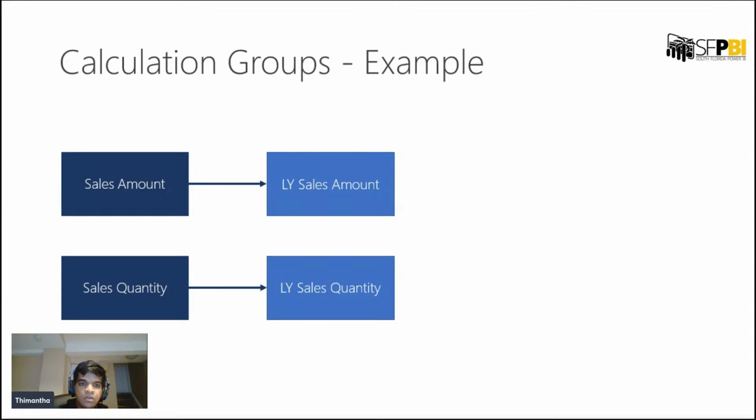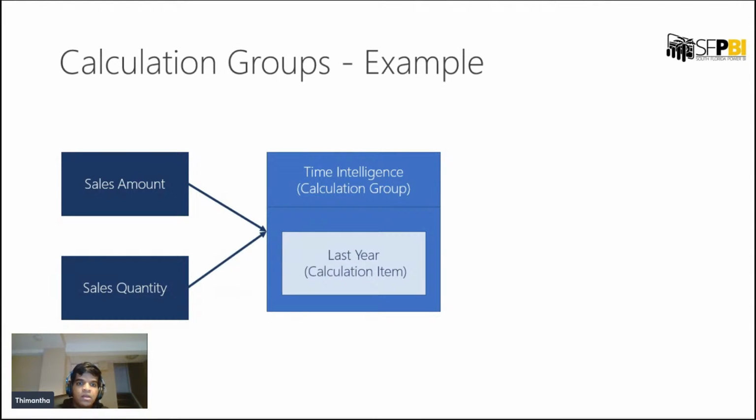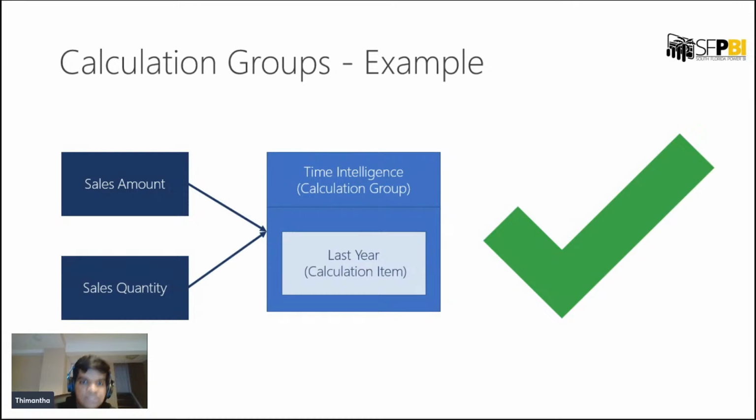But with calculation groups, that doesn't happen anymore. The logic is saved in a calculation item, and whenever it's required, you refer to the respective base measure, be it sales amount or sales quantity. The logic is applied to the referred measure and you get the output. So that's the right way to go about things moving forward with calculation groups.